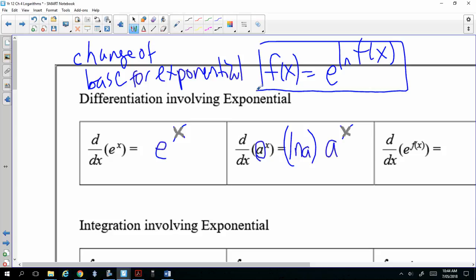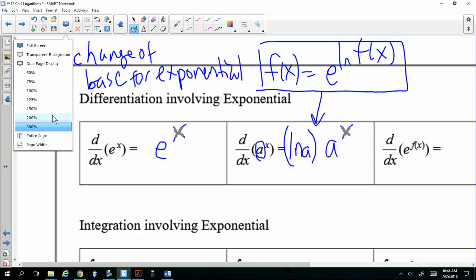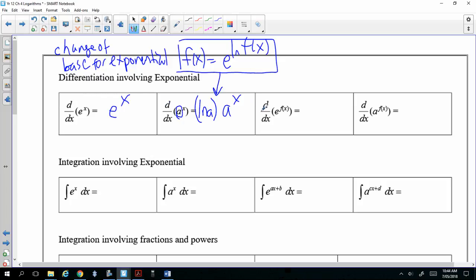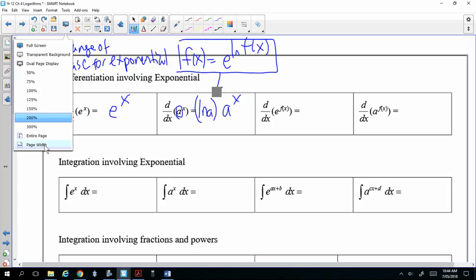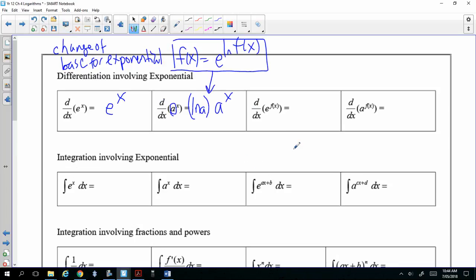Alright, so you can use that to differentiate that, but if you memorize the formula, that will make it easier. And then we're going to continue. If you differentiate the exponential of a function, it's f dash times e to the power fx, like this.